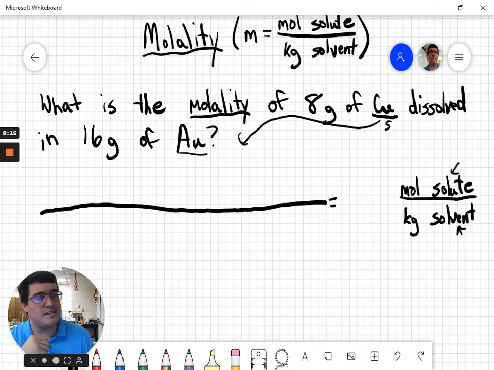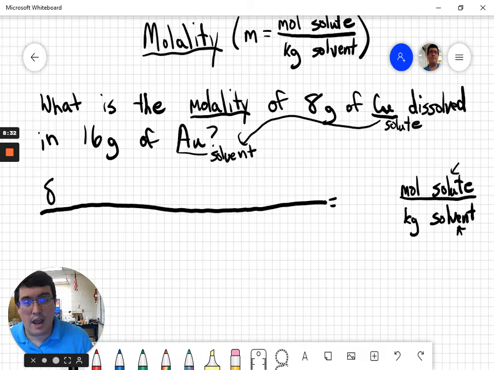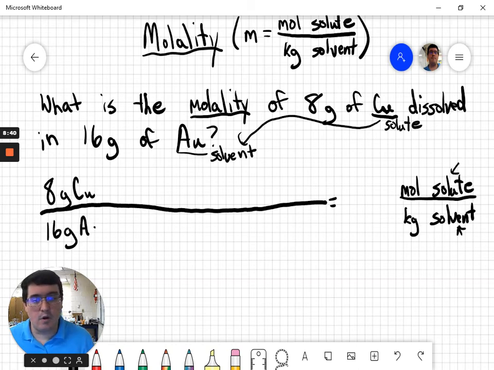That makes this the solute, and that makes this the solvent, because the solute goes into the solvent. So when we put these things in our problem, the solute goes on top, the solvent goes on bottom. So we're going to put 8 grams of copper, because that's our solute, and on the bottom we're going to put 16 grams of gold, Au.